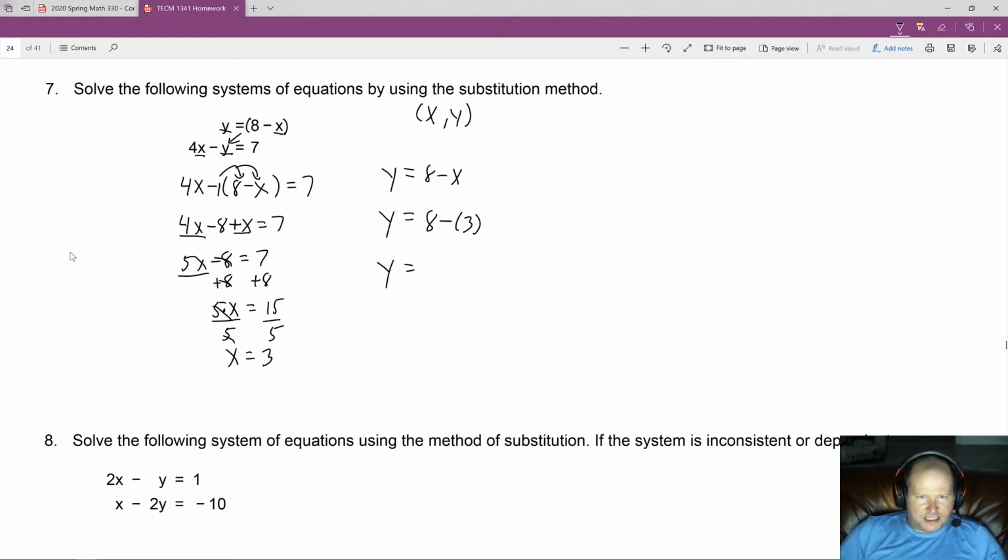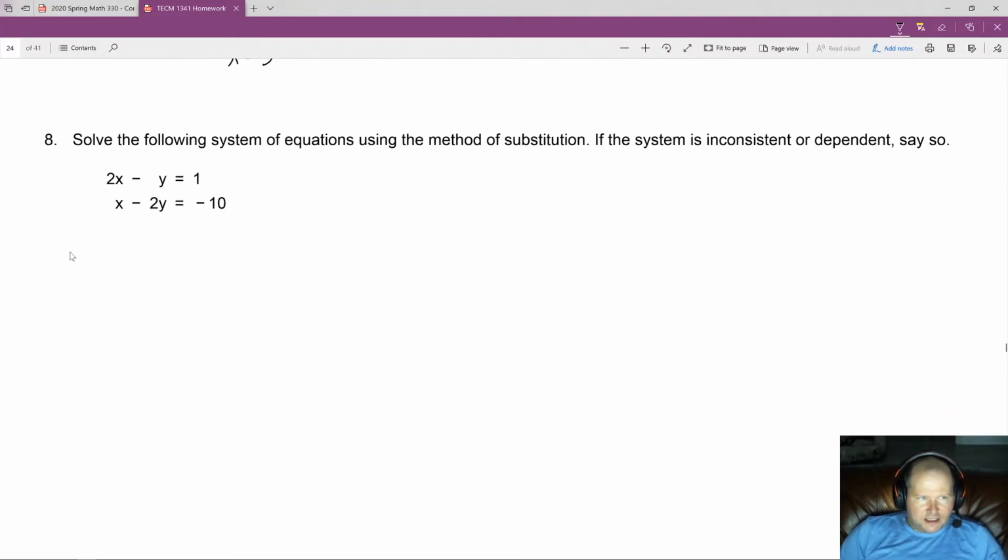And 8 minus 3 is 5. If we plug both these into an ordered pair, x is equal to 3, y is equal to 5. So the answer is the ordered pair of 3, 5.